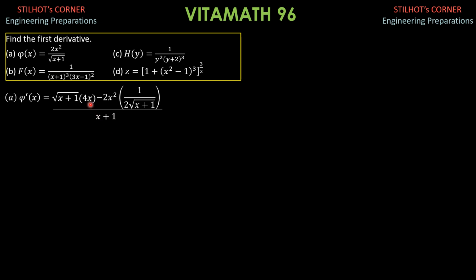So again, that is 4x times x plus 1, then minus x squared, because we have cancelled out 2. Then all over square root of x plus 1 and times x plus 1.